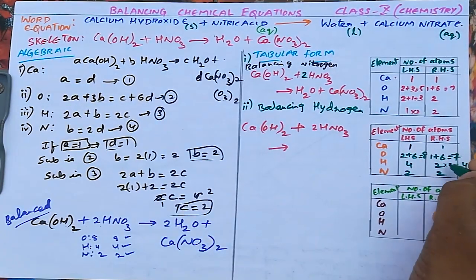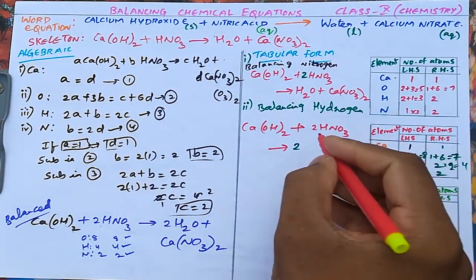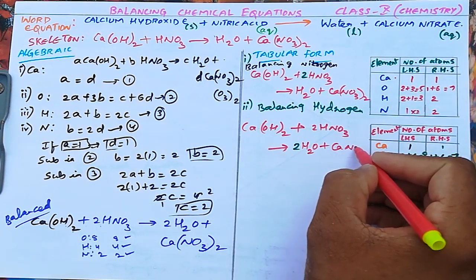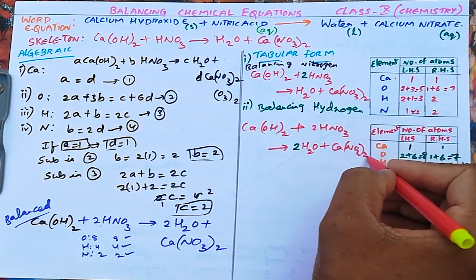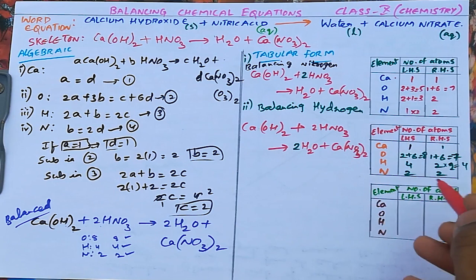So 2 I'm multiplying, so 2H2O, 2H2O plus Ca(NO3)2 taken twice. We'll check again what are all the values, whether it is balanced or not.